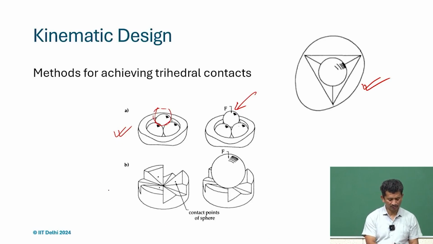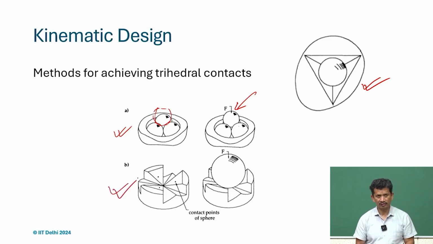Or we can use some kind of ingenious machining method. We create the surface and then crisscross along 120 degrees, and we will be able to create the surfaces. So, this will be the trihedron hole, and we can place it.